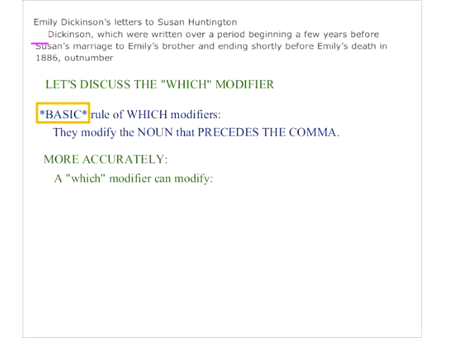Of course it can, the noun that immediately precedes the comma. That can definitely work, so the rule that you've learned is not wrong. But the update that we need is that it can also modify the noun plus prepositional phrase that immediately precedes the comma.